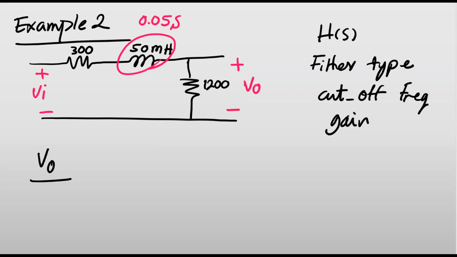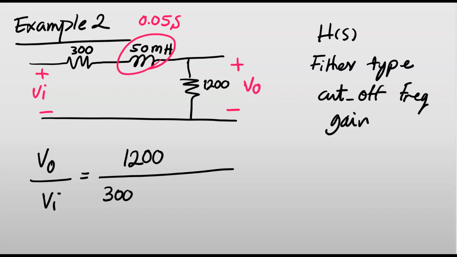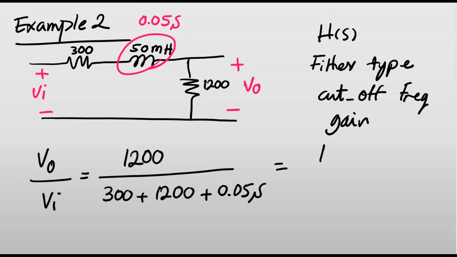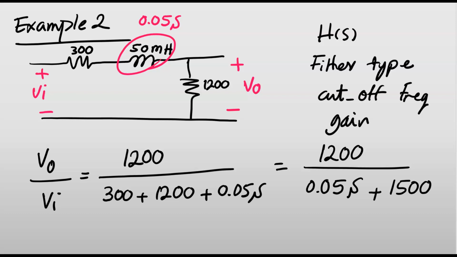So VO over VI is going to be 1200 divided by 300 plus 1200 plus 0.05 s, which is going to be 1200 divided by 0.05 s plus 1500.